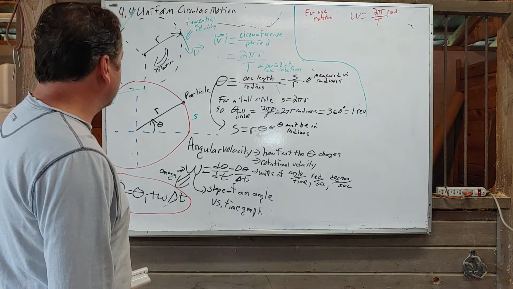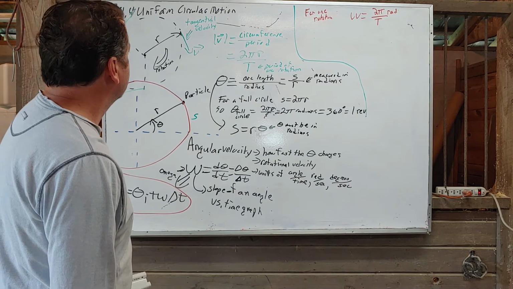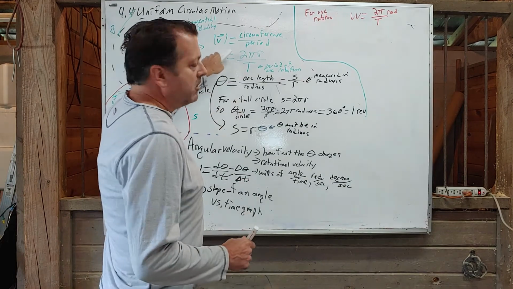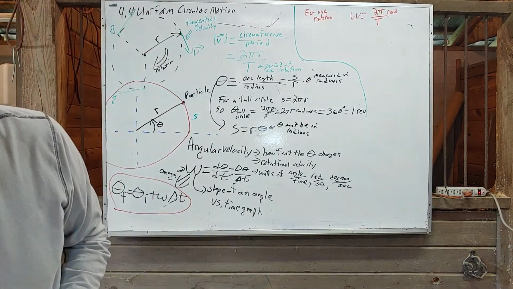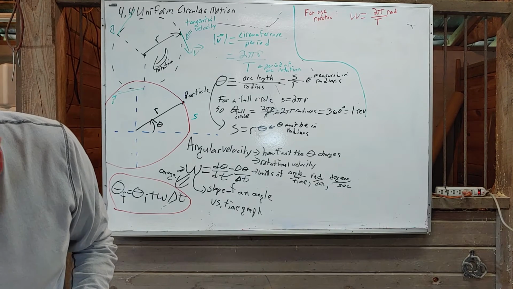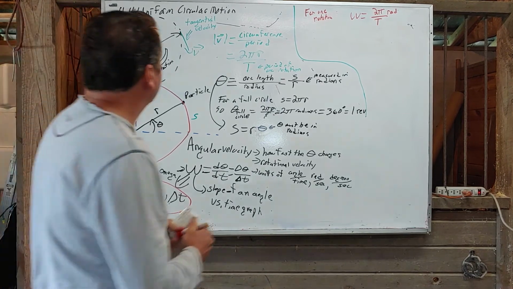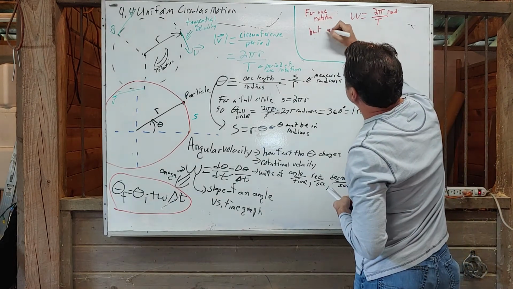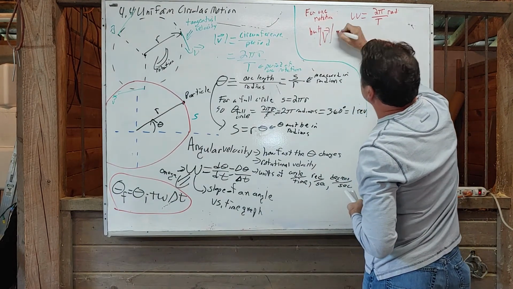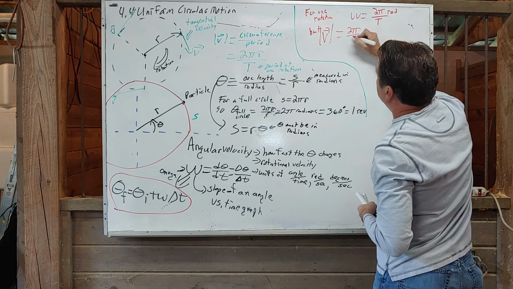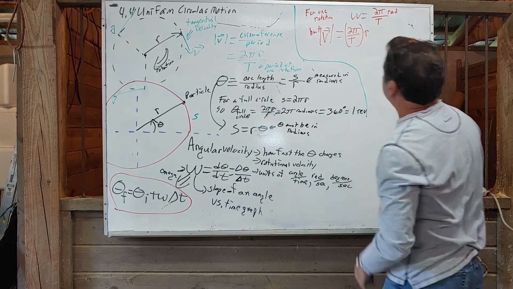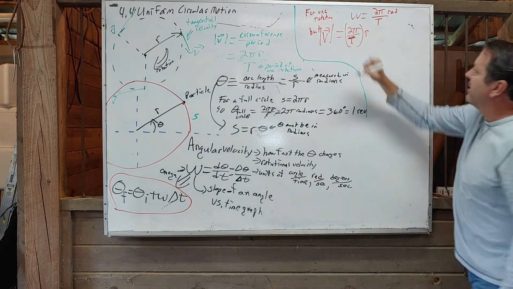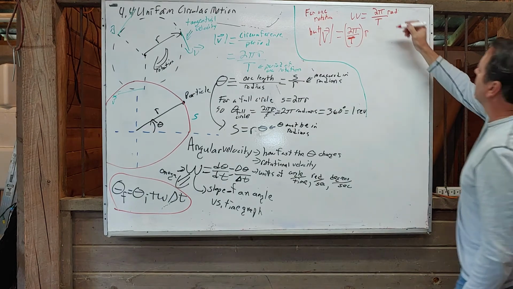Now the question you may ask is, how do we relate this to this? Well, wait a minute. This tangential velocity, the magnitude of that tangential velocity, is 2 pi over the period times r. Now, I put that in parentheses on purpose.